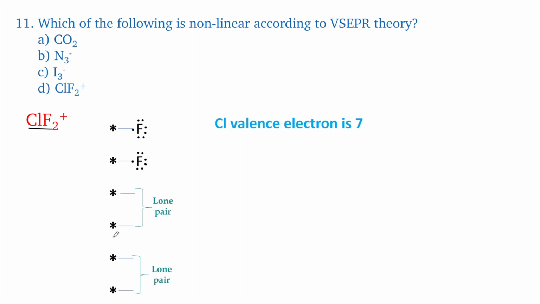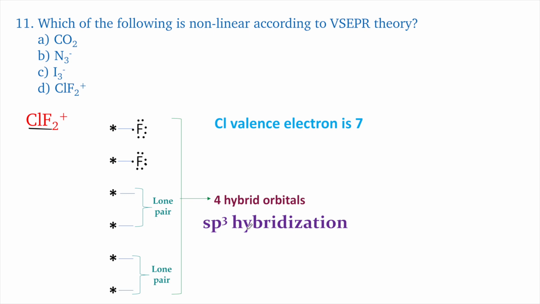So remaining there will be 4 non-bonded electrons that form 2 lone pairs. So totally there are 4 hybrid orbitals, that is sp3 hybridization. So in a tetrahedral, if there are 2 lone pairs, then it forms a bent shape. Okay. So which is the non-linear molecule? ClF2 plus will be your non-linear molecule.